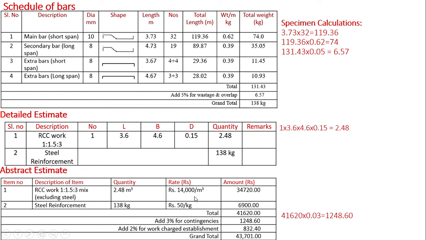Quantity into rate is equal to amount, which means amount is the product of quantity and rate. To the total quantity, add 3% for contingencies and 2% for work charge establishment, and for the problem the grand total is equal to rupees 43,701. This is the end of the problem.